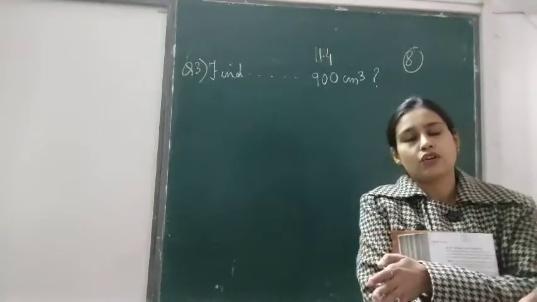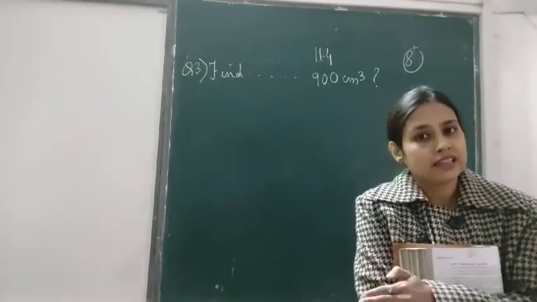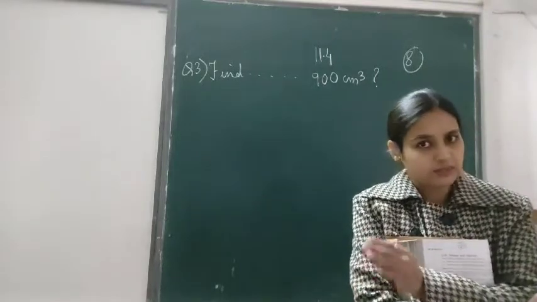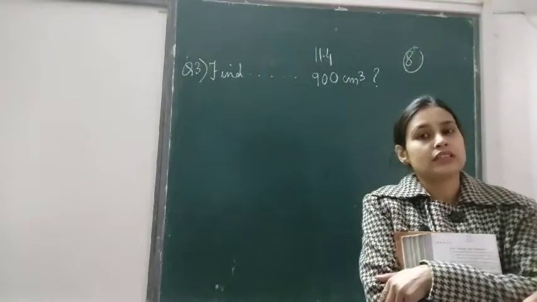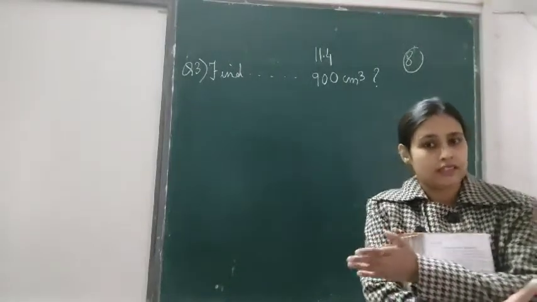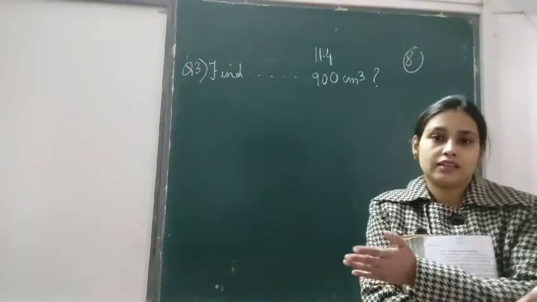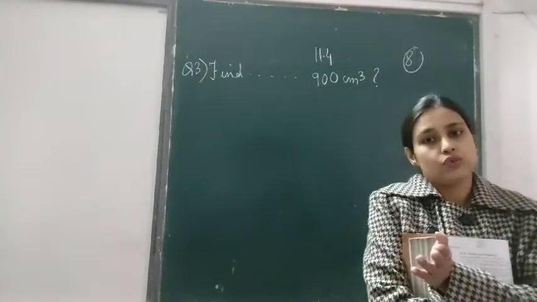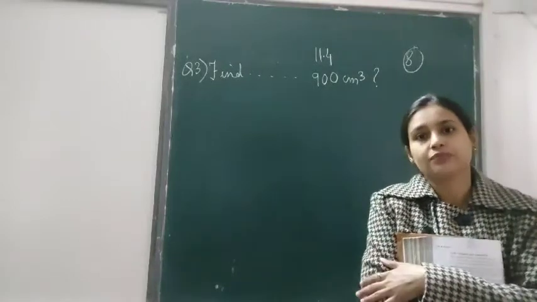So when we talk about the cuboid, it is length into breadth, area of the base into height. When we talk about the cube, it is area of base, that is length into length, into height. Okay, that is again length. So length into length, that is length cube. You can say L cube.